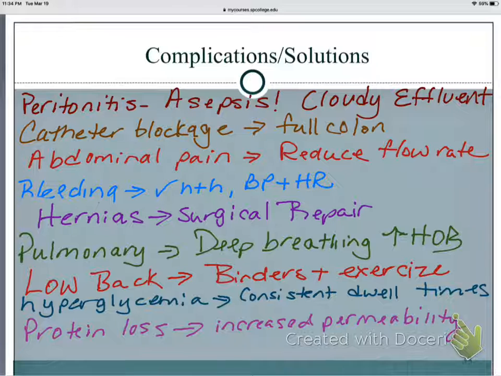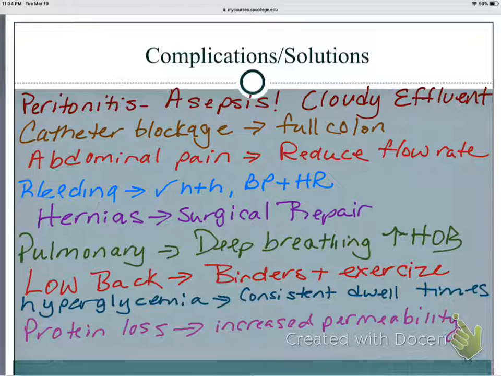Bleeding, again, we're monitoring the drainage, our abdomen, our labs. Hernias, we said surgical repair. Pulmonary, deep breathing, head of the bed up. Our back, we're going to use a binder and exercise.